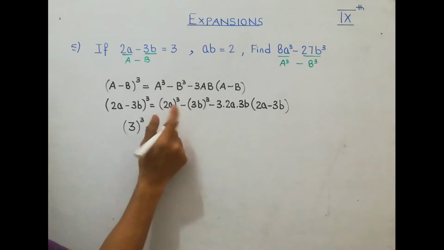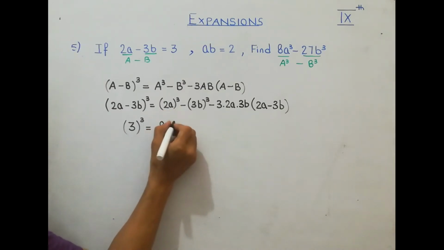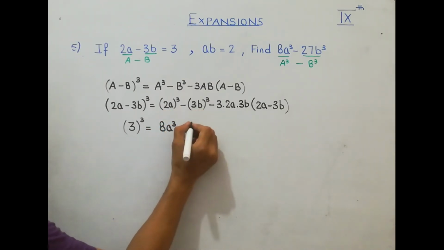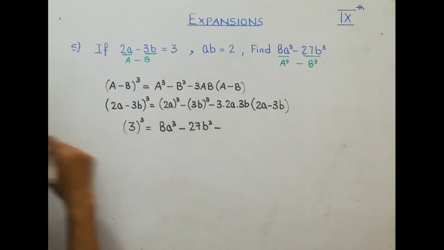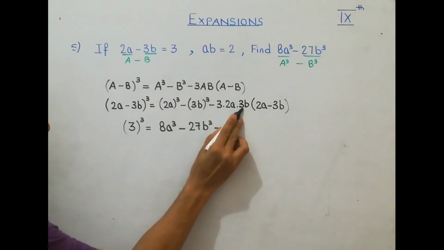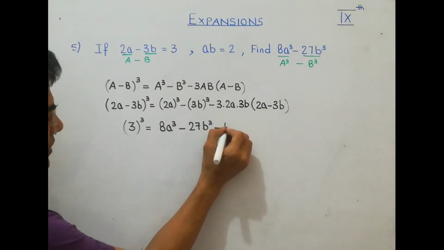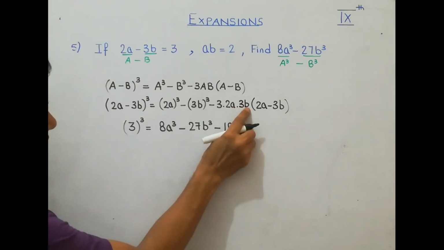Now here we have to take the cube of it, that is 8A cube. Cube of this, 27B cube. Now here first we have to do the product. So when we do the product, we are getting 3 into 3, 9, and 9 into 2, 18. Along with 18 we are getting AB.